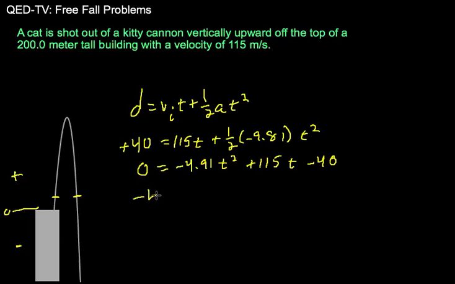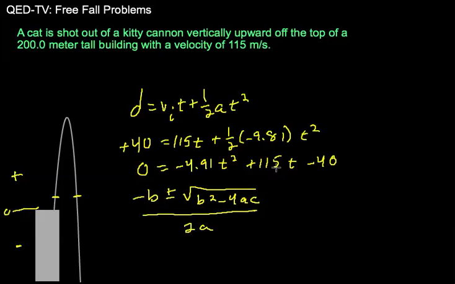If you remember that, it's opposite b, plus or minus the square root of b squared minus 4ac, all over 2a. So for my b, I'm going to put in 115. I'll have 115 squared minus 4 times my a, which is negative 4.91, times the c, which is negative 40, all divided by 2 times a, which is negative 4.91.